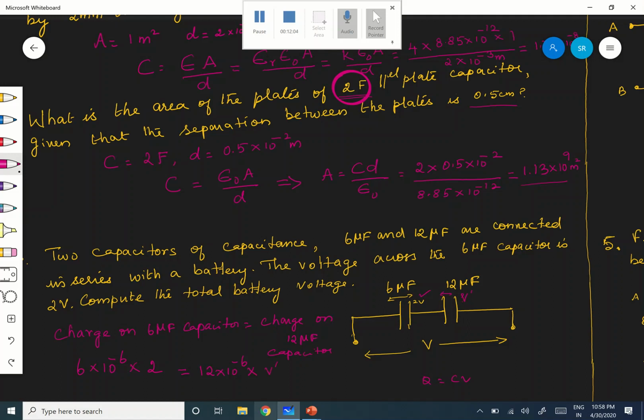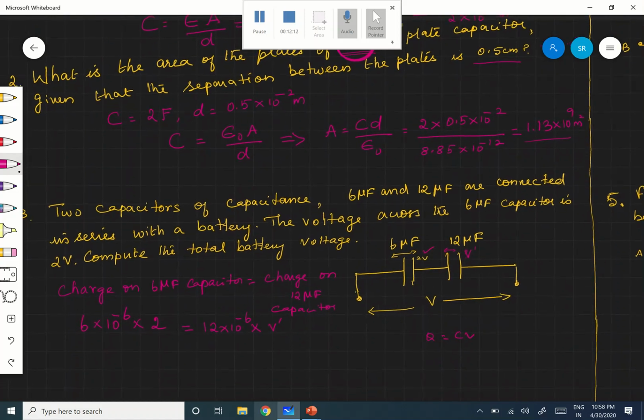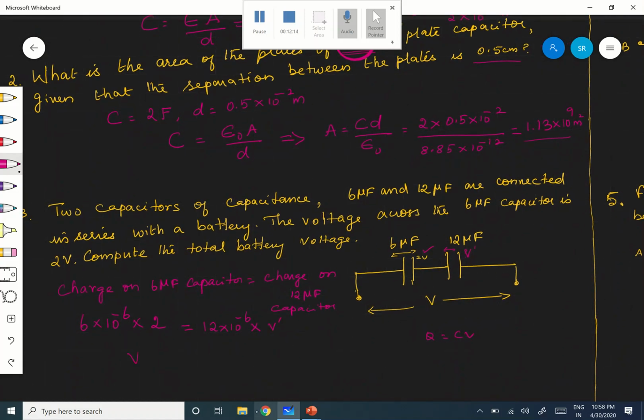V dash is the potential drop across the 12 microfarad capacitor. Therefore V dash equals 1 volt. Following? Here this side 12, this side 12, therefore it is 1 volt.